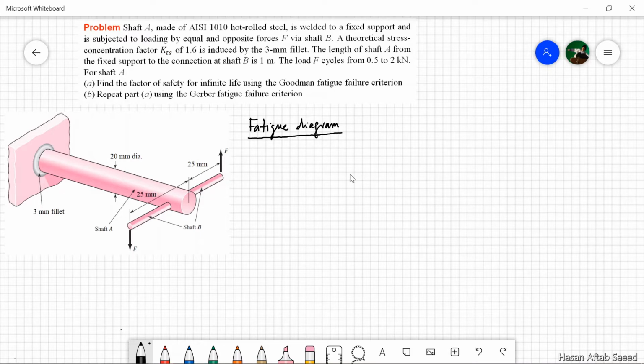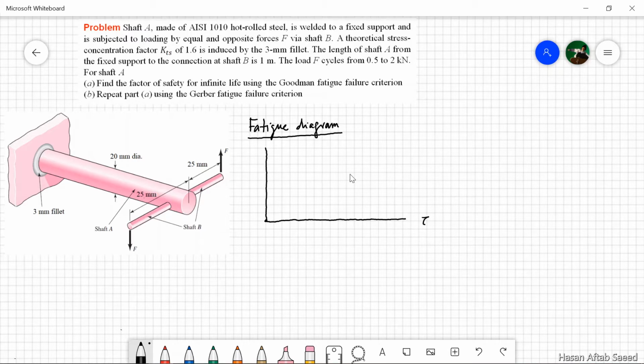So we'll be using a fatigue diagram, but the x and y axis of the diagram will be different than what we have been usually doing in our previous lectures. And let's see how they will be different.